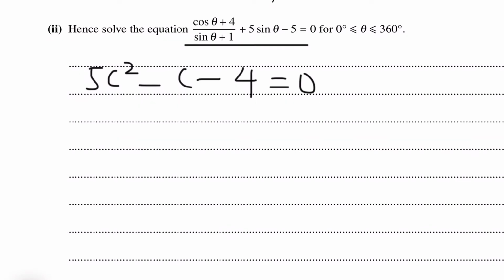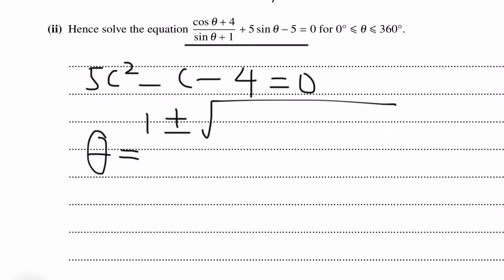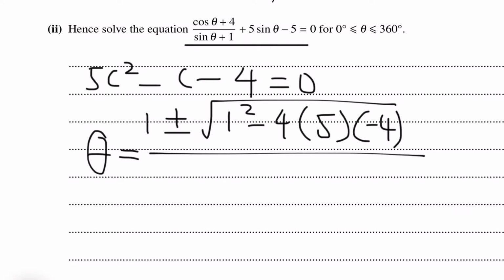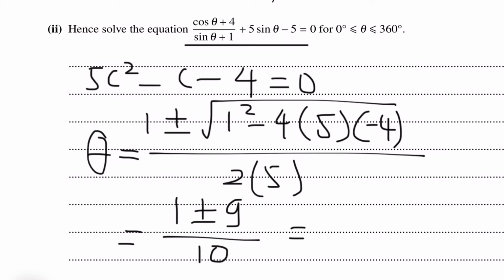And I will find theta by using negative b plus minus the square root of b squared minus 4ac, divided by 2a, which is 2 multiplied by 5. This will give me 1 plus minus 9 divided by 10. So it will either be 1 or negative 0.8.